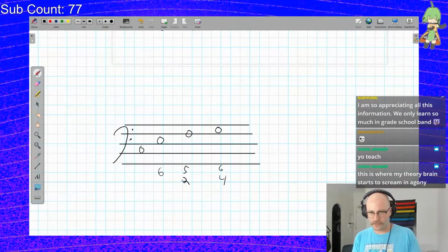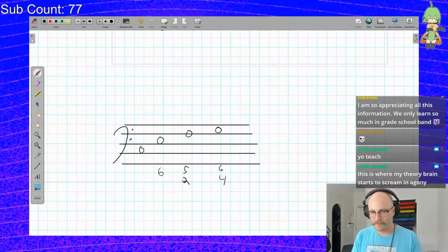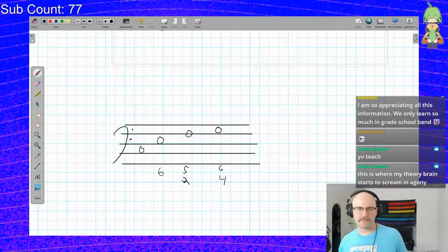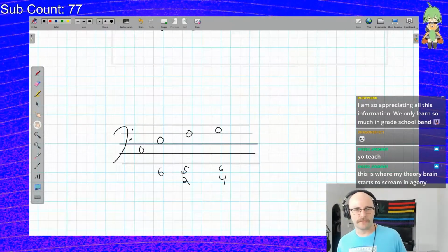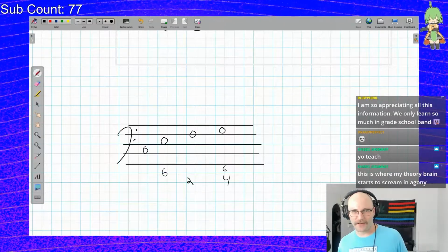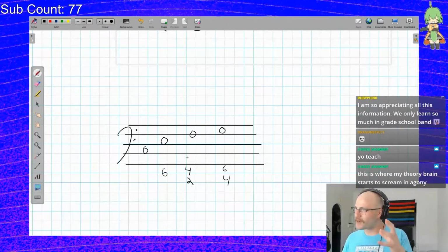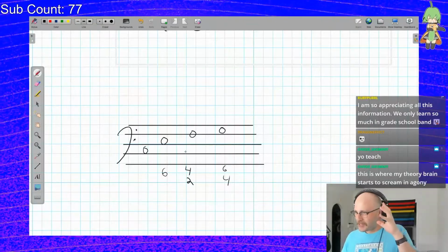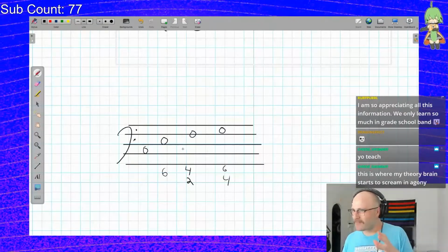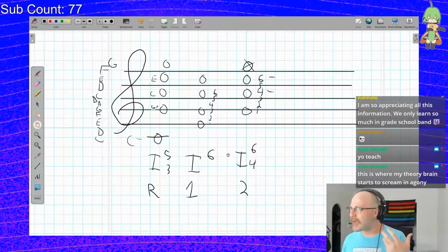And that goes to our 6-4. It might even be, no, it's a 4-2. Sorry, I got that wrong. It's 4-2, not 5-2. Sorry, it's been a while since I've thought about a lot of this stuff. I haven't really thought about figured bass in like 3 or 4 years, so forgive me. That's just to explain why we have this analysis.